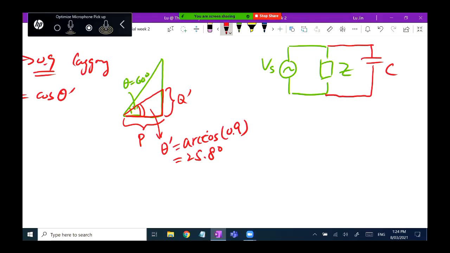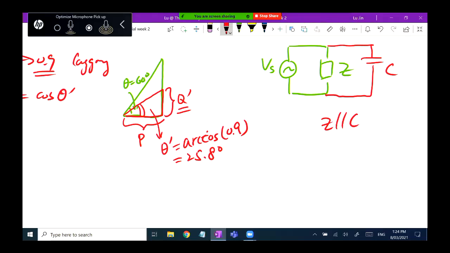This Q prime in the new power triangle should be the total reactive power consumed by both parts.